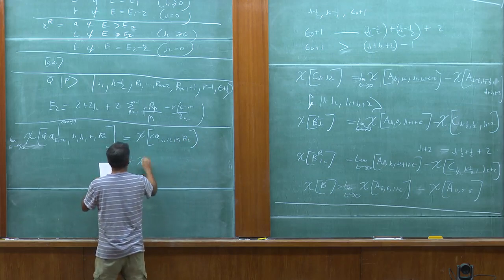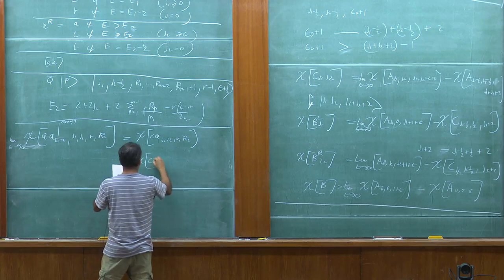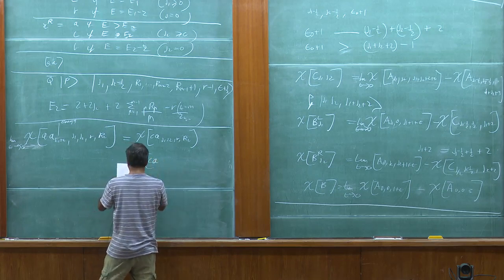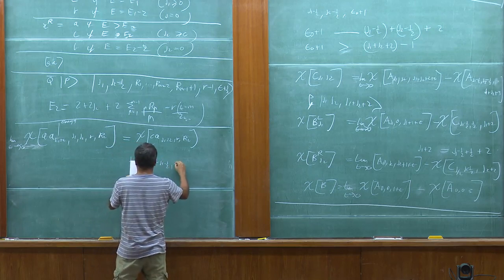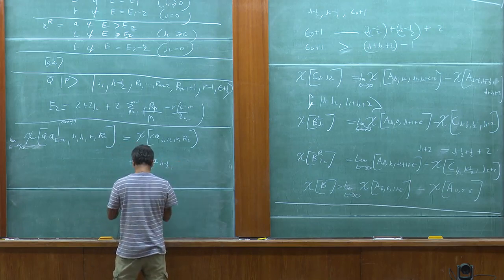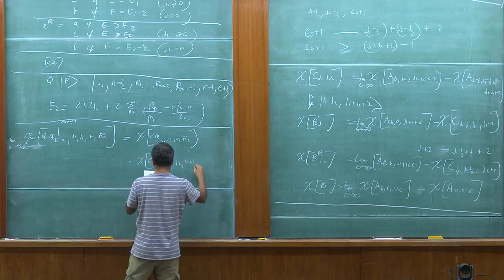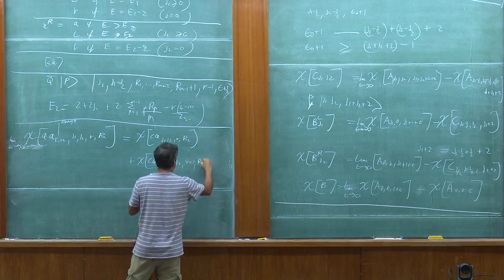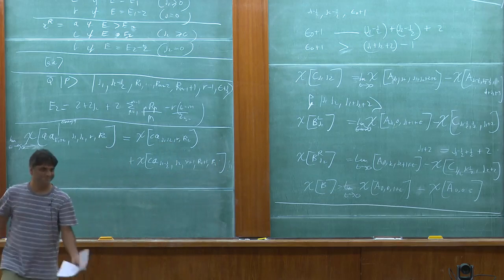plus chi of CA, J1 minus half, J2 of course, R plus 1, R1 plus 1, Ri.